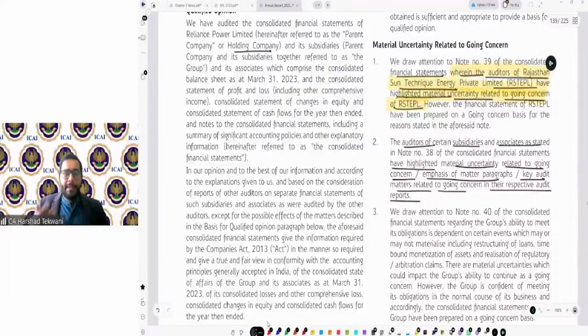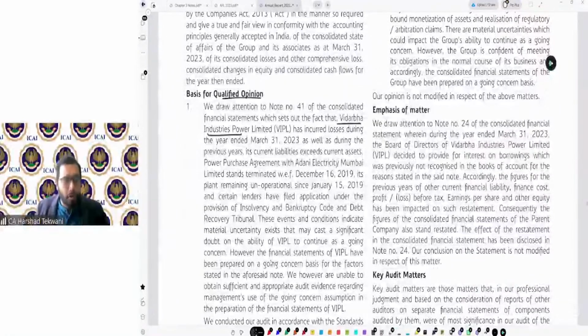Again, this is publicly available data, I'm not specifically pointing out any company, this is just for your information. So when certain auditors have already reported this matter, the principal auditor is also considering that information and reporting it in its audit report.